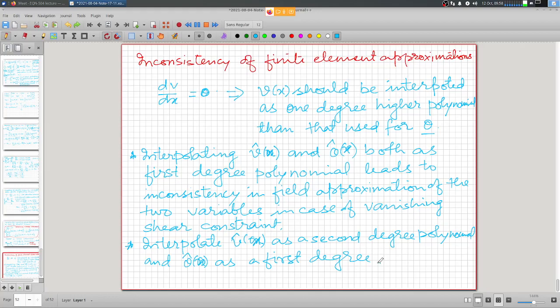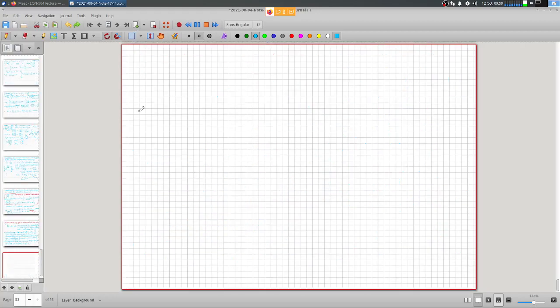Now how do you develop a second degree interpolation? You need three function values, 3 points for a second degree interpolation. So that means the element that we need to develop now has node 1, node 2 and node 3.